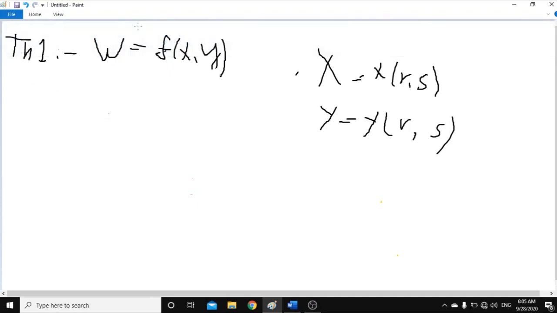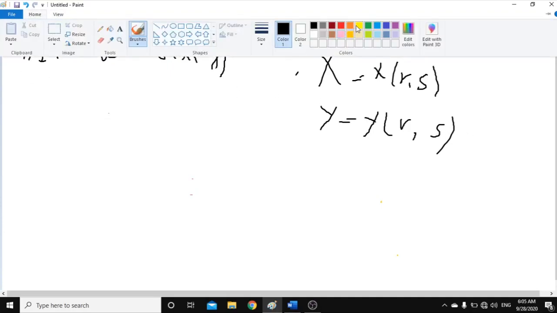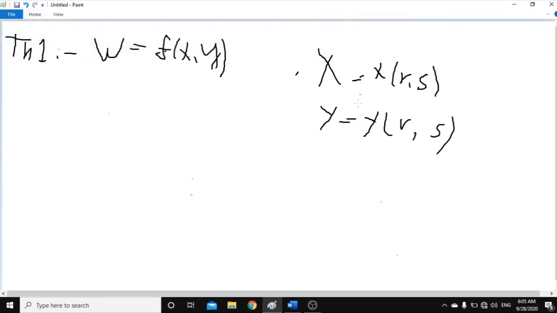It might happen. So let me explain how you can write it in a good way. Always don't forget, always start with the chart. You have to draw the tree diagram, you can call it. So let's say that we have a w that consists of two variables, x and y. And here the x consists of also two variables and the y also. So here you have r and s, and y also here consists of r and s.